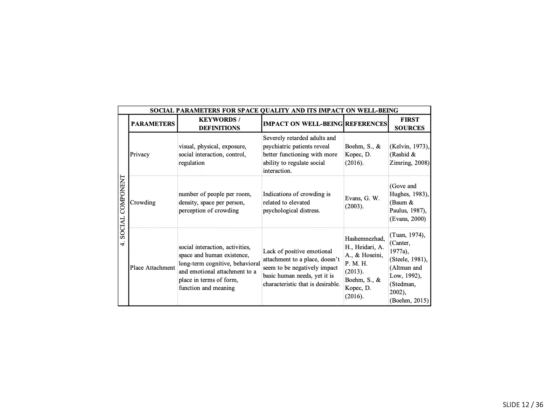Crowding means the number of people in a space, or the ability to contain different numbers of people according to different activities within a space. Its impact on human well-being is psychological distress and heightened mental tension.